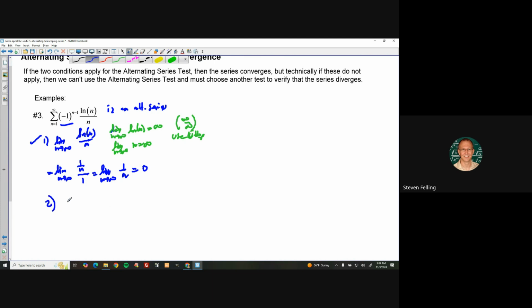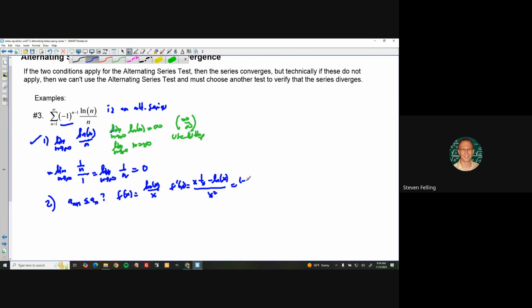The second one is we have to say that a sub n plus 1 is less than or equal to a sub n. That's too difficult to do with a fraction compare. But I think what we can do is make the function. So if the function is natural log of x over x, we'll take the derivative to see if the derivative is negative. f prime of x would be low d high minus high d low, which is 1, over low squared.